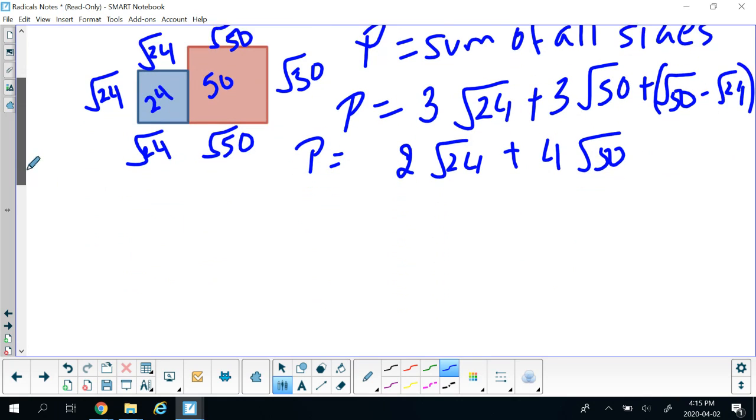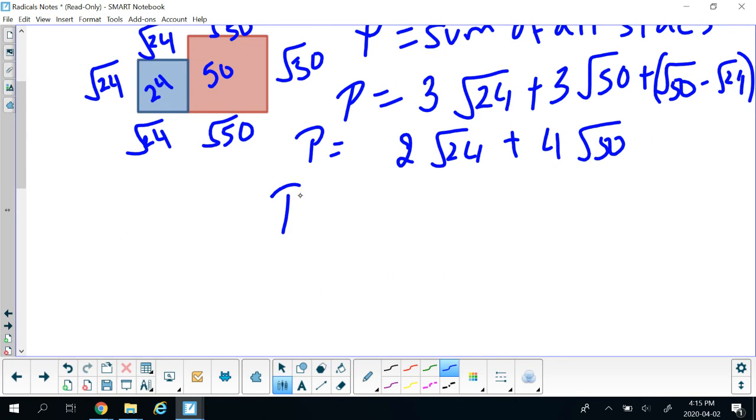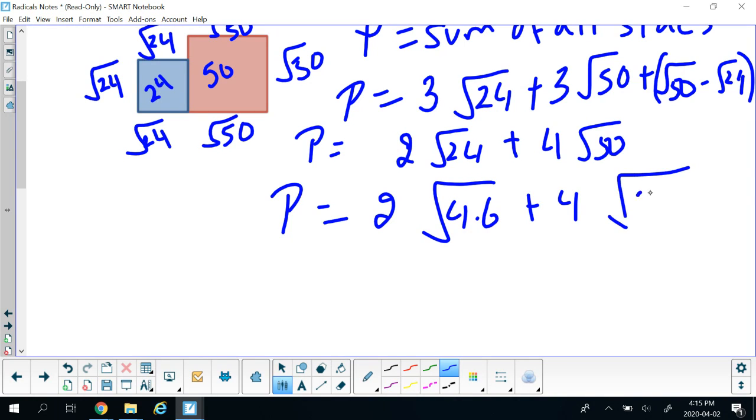Okay, two more steps, then we are done. Square root of 24 can be written as square root of 4 times 6, and square root of 50 can be written as square root of 25 times 2. Again, we'll break these radicands in terms of a product of a perfect square and some other number. 4 is a perfect square here, 25 is a perfect square.